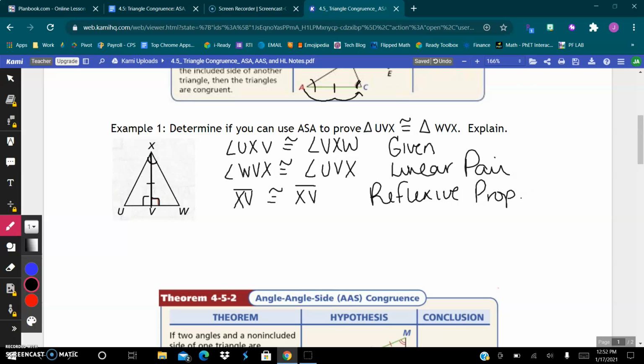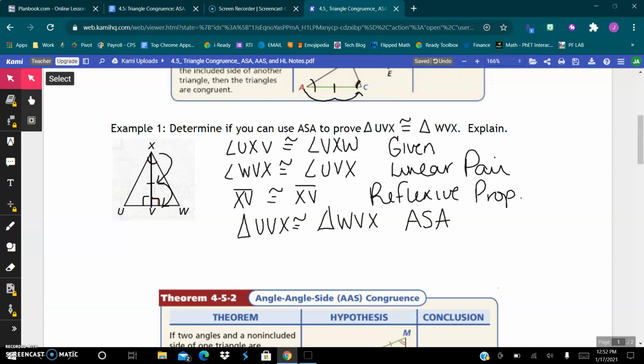And therefore we have an angle, then a side, and then another angle. So triangle UVX is congruent to triangle WVX because of the angle-side-angle theorem.